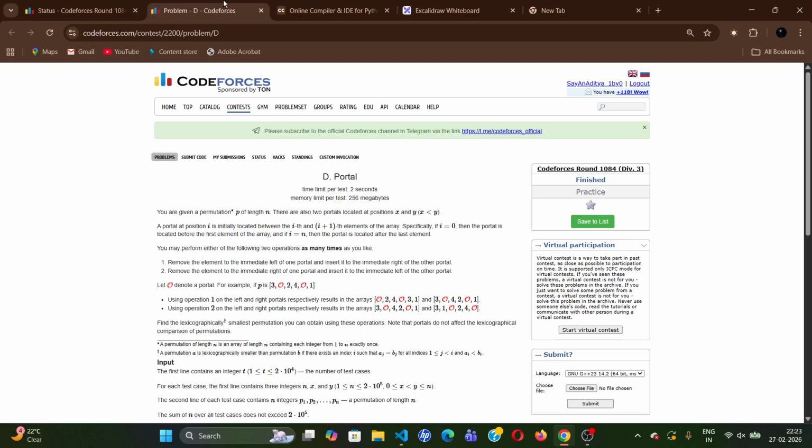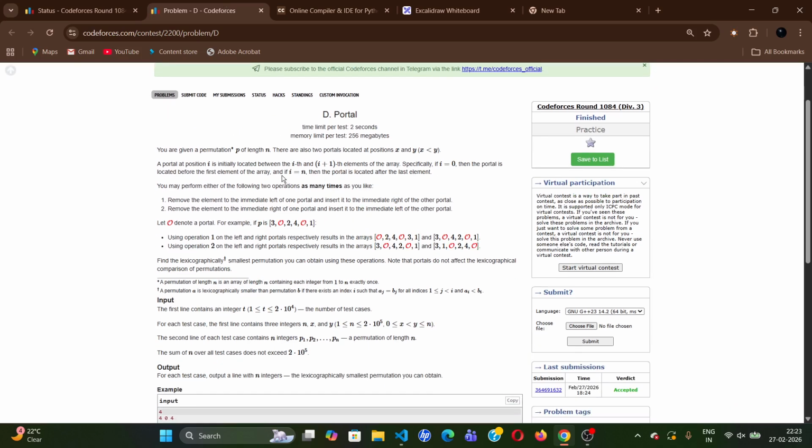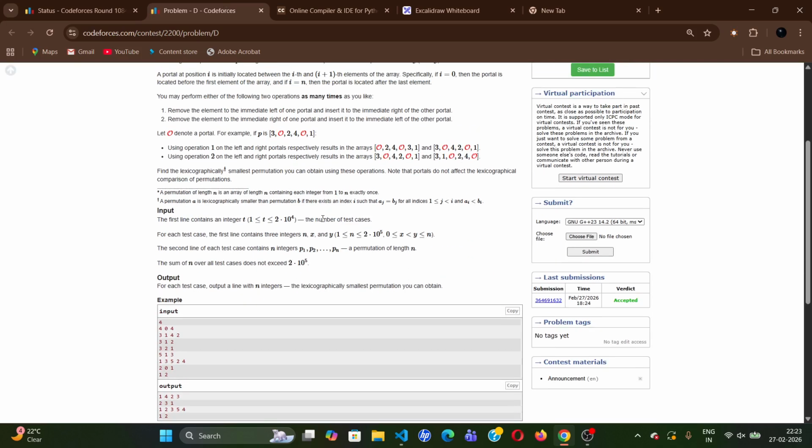Now the next question, problem D. So the portal thing. In that portal there are two parts. Basically the inside part, like 2 4 and 2 4, it can rotate cyclically, right? And the left part and the right part. So the left part can go to the right part, like this part.